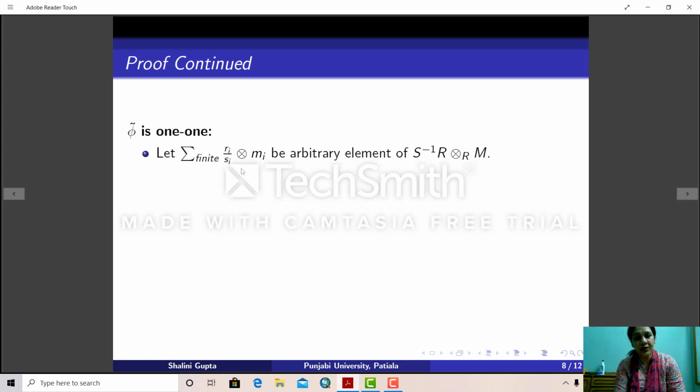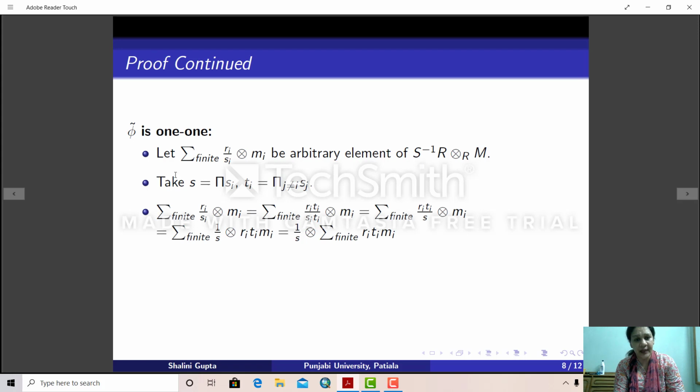So consider an arbitrary element of S inverse R tensor M. This will be some finite sum of elements of this kind, ri/si tensor mi. Now, we take s to be the product of these si's, and we take ti to be the product of all sj's except si. So now, consider this element.